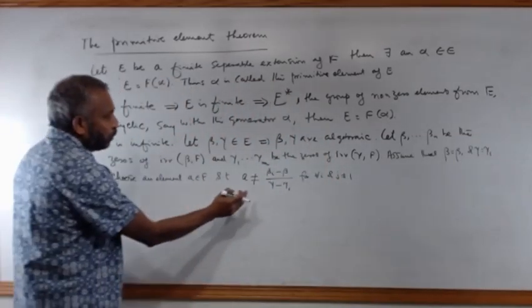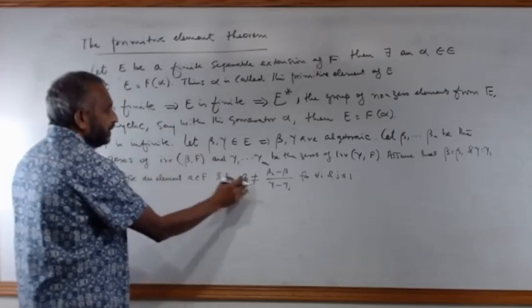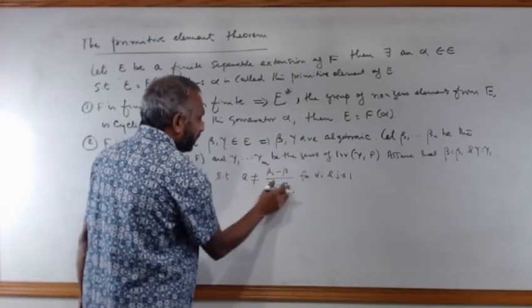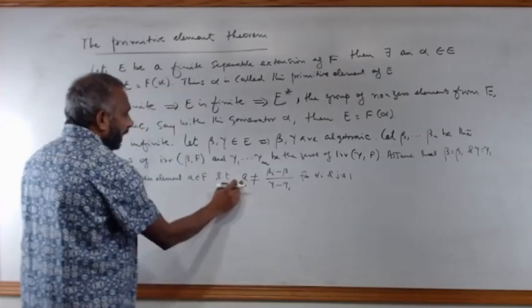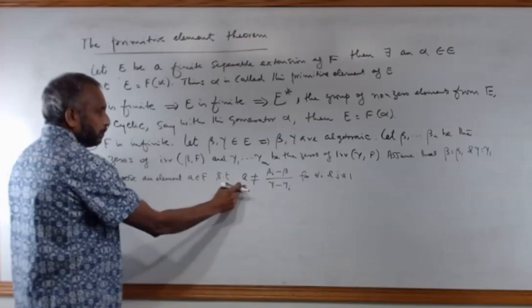You can always choose an element like this because this is a finite number of combinations and we are taking A from an infinite set. It's always possible.